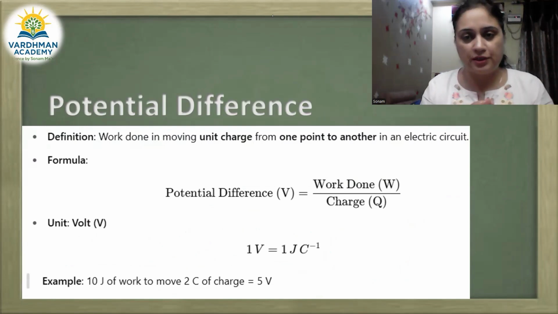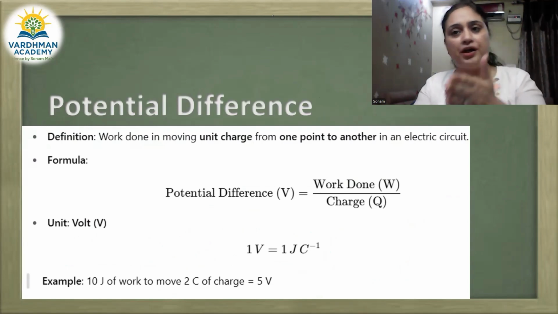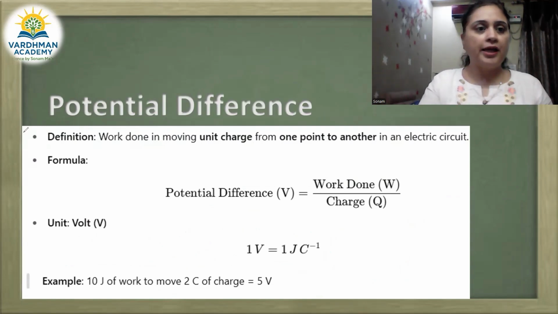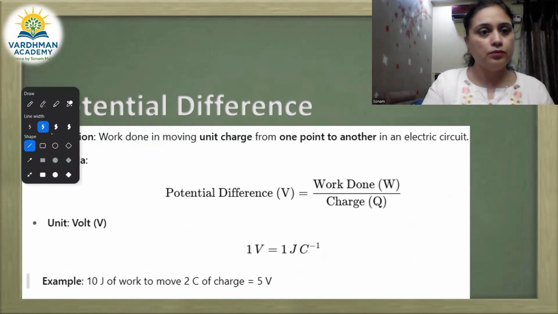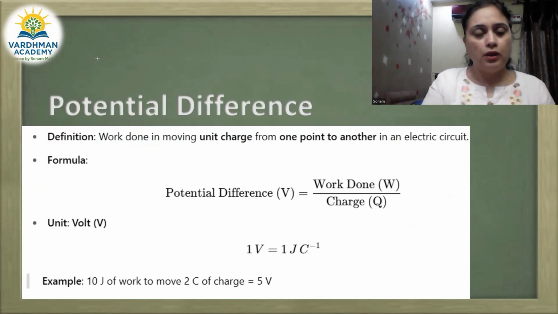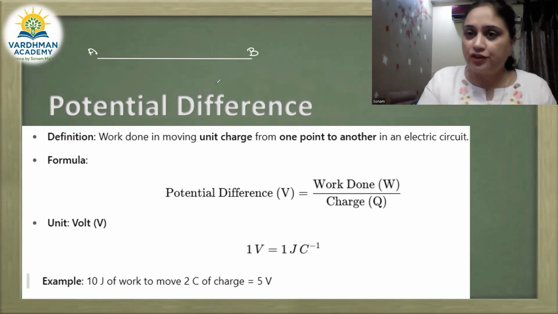Now let us understand potential difference. What is potential difference? You know from where to where the charge is moving, right? Suppose, let me explain. Let's say I have 2 points, point A and point B. Right, children?